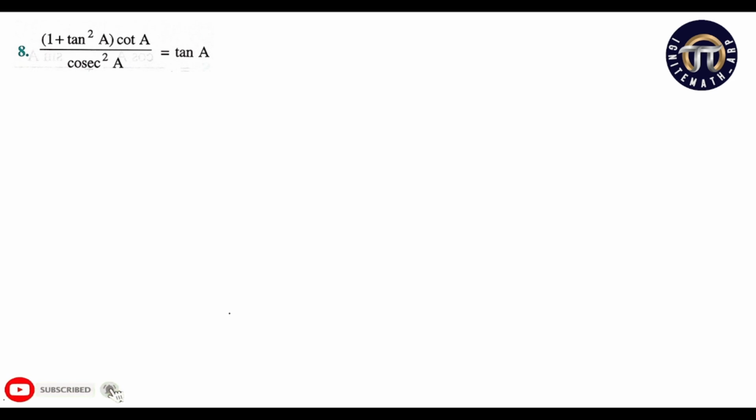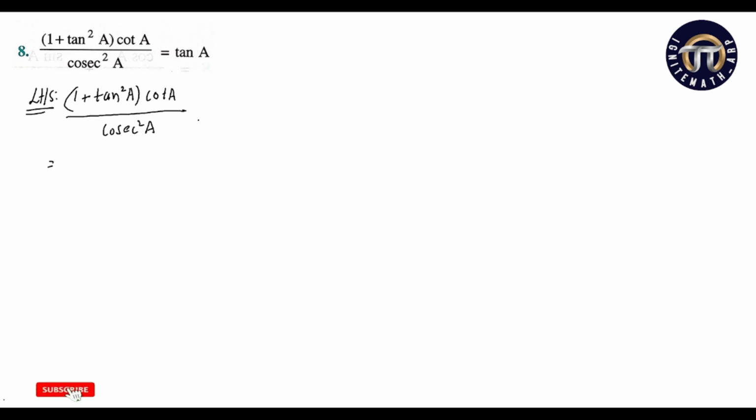See, question 8 says that (1 plus tan square A) into cot A by cosecant square A is equal to tan A. I am supposed to prove. Clear, children? So now what I do, again I will take the LHS, that is 1 plus tan square A into cot A divided by cosecant square A. Clear? So now what I do here is 1 plus tan square, children.